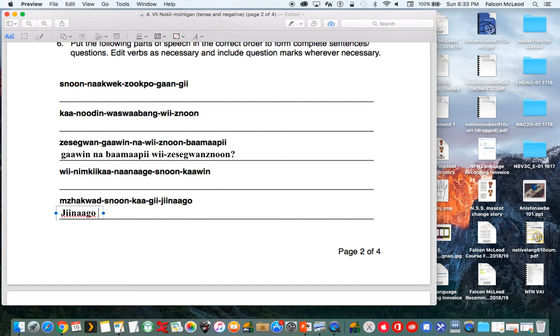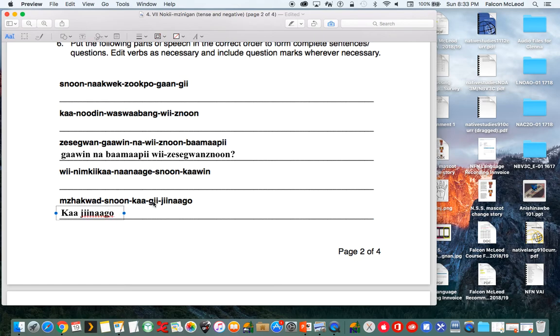Jinaga. So remember, jinaga is yesterday. That means it's in the past. Oh, wait, sorry. We got ka in here and snown. So we got to start negative and end negative. Almost forgetting my own rules here. Ka jinaga.